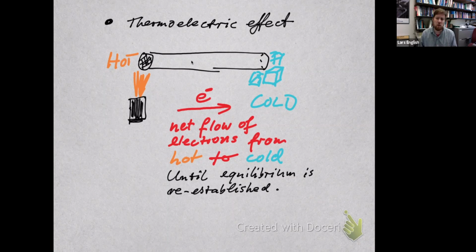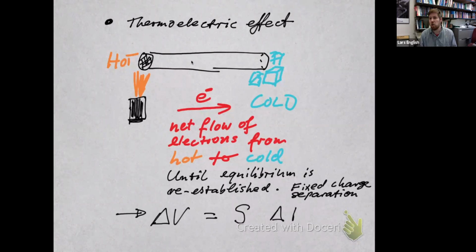And so eventually, or very quickly, an equilibrium is established, but that equilibrium has a static charge separation. And once you have a static charge separation, you also get a voltage delta V, or simply V, and that voltage can be measured with a multimeter, probes on either side.